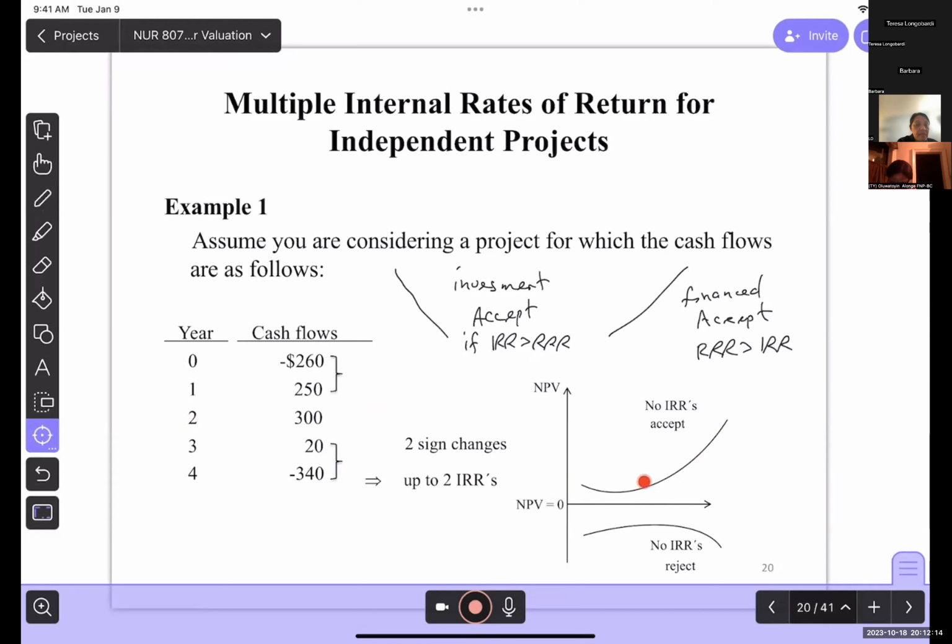In this case, though, this is an exception. What would you do here if this was your curve? This was your NPV profile. What would you do? Accept or reject? Accept if RRR is greater than IRR. There are no IRRs in this problem. It never crosses the line. So what do you do?